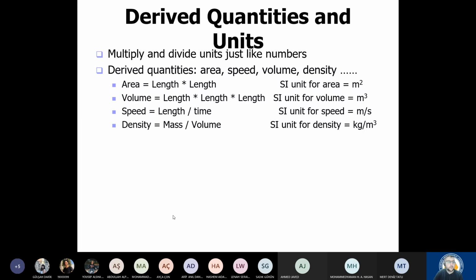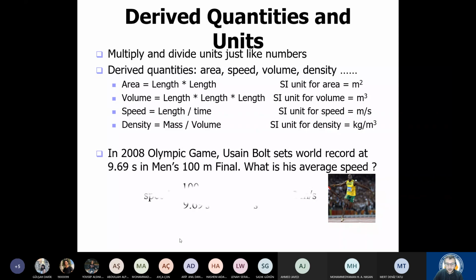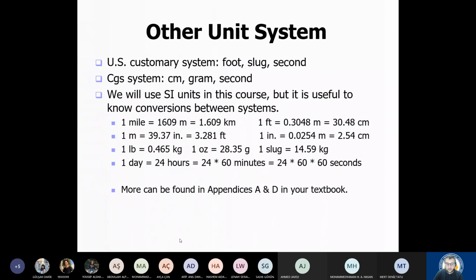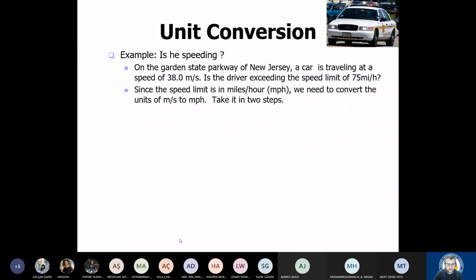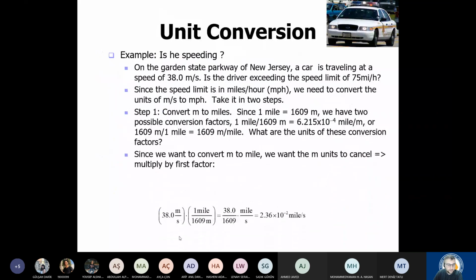We use two basic quantities to derive speed, so similarly its unit will be length over time, meter over second. Yes, we already solved this example.